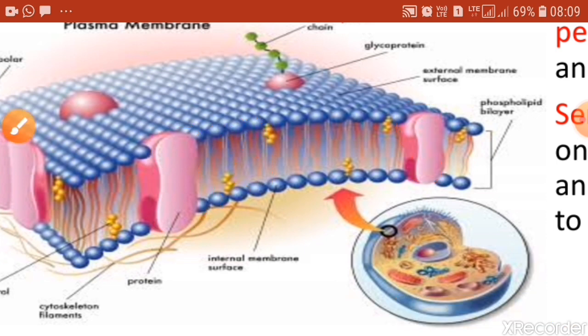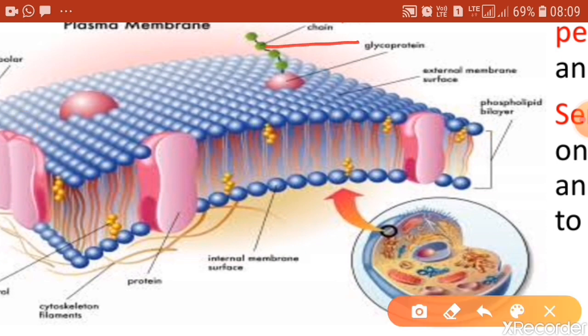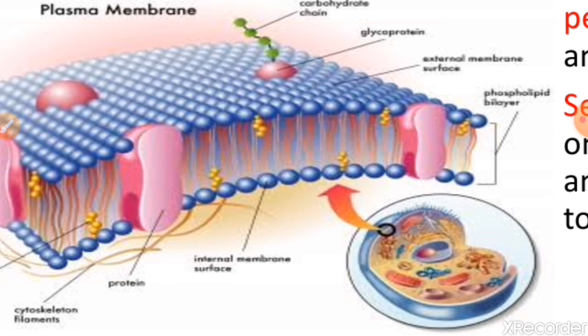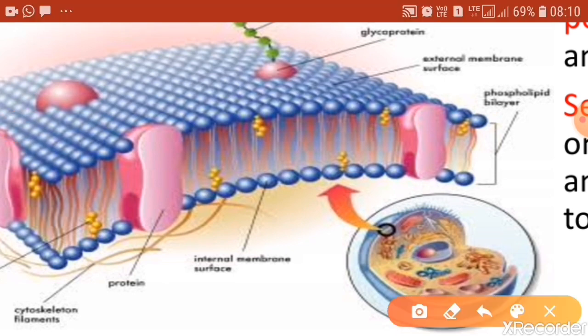Apart from this, you also find some carbohydrates attached to this bilayer. Now, one more very important thing to tell you is that this membrane is not just present outside the cell. The organelles, about which you have learned in class 8, like mitochondria and endoplasmic reticulum, are also bounded by membranes.